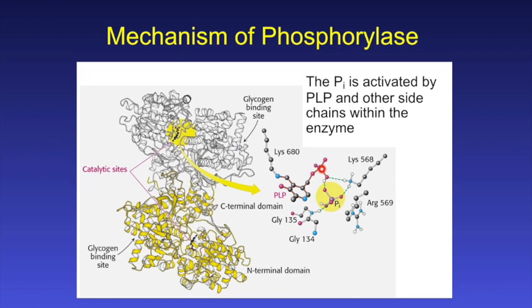This phosphate is what's going to be important of that cofactor. There's a lysine, there's an arginine, and even glycines, the amide or the peptide proton can orient. What all of these things do is orient the incoming free phosphate, because that's what's going to be part of the reaction. So the PLP is going to help orient and make the inorganic phosphate more reactive.